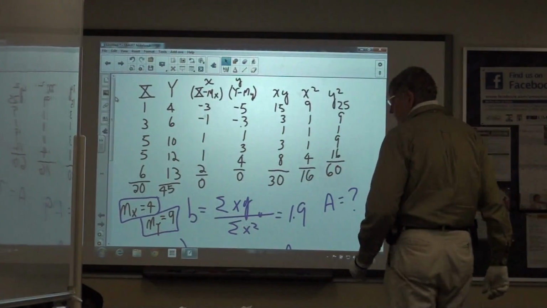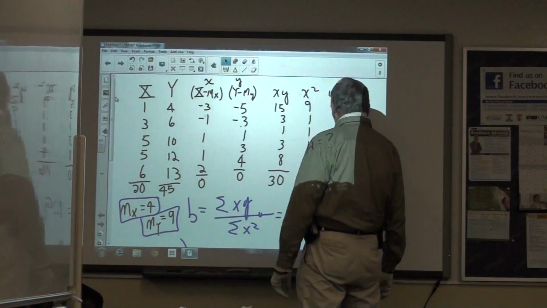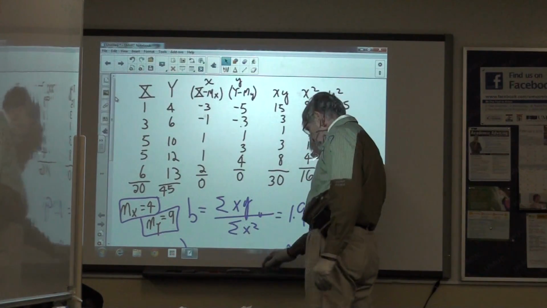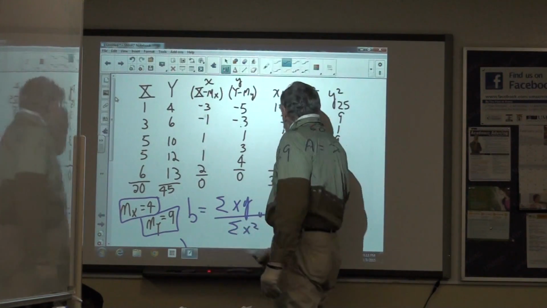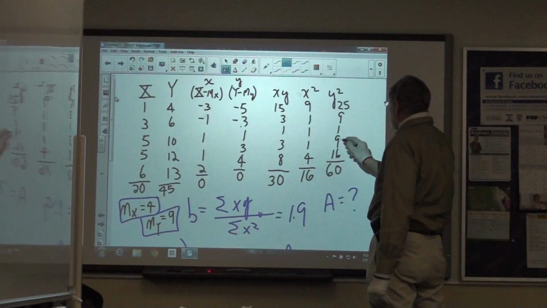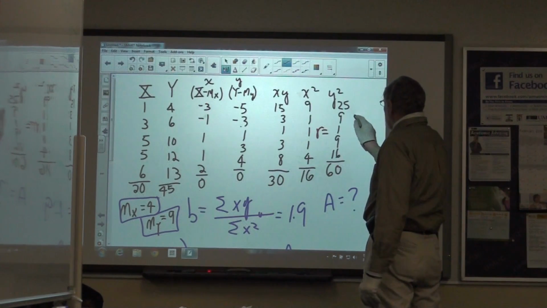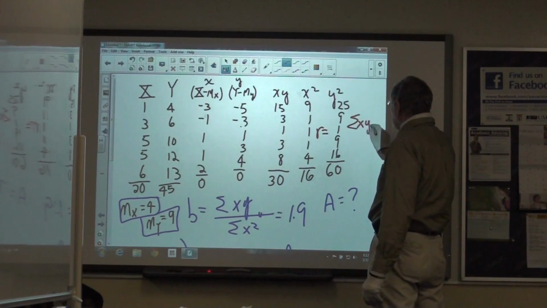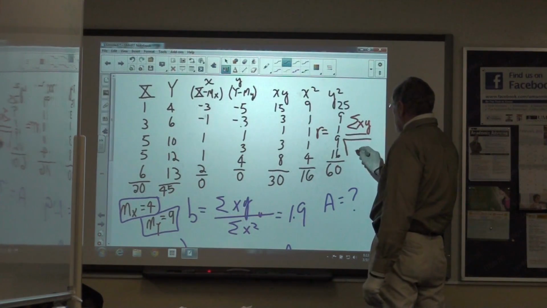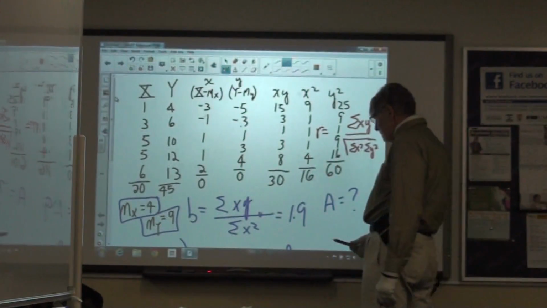Remember the equation for R, in case you forgot it: R equals the sum of xy over the square root of the sum of x squared times the sum of y squared. Or the long formula.